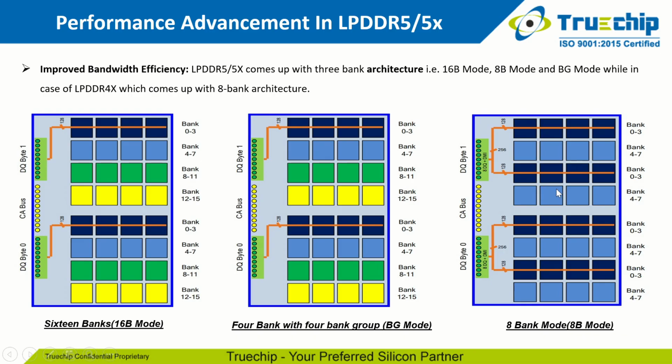Talking about 32 burst length data on X16 pins, where total data to be stored is 512 bits, out of which 256 bits will be stored by DQ byte 0, where 256 bits will further be divided into 2 groups of 128 bits, which will be stored inside memory banks, and the other half of 256 bits will be stored by DQ byte 1 inside memory bank in the same manner as DQ byte 0.